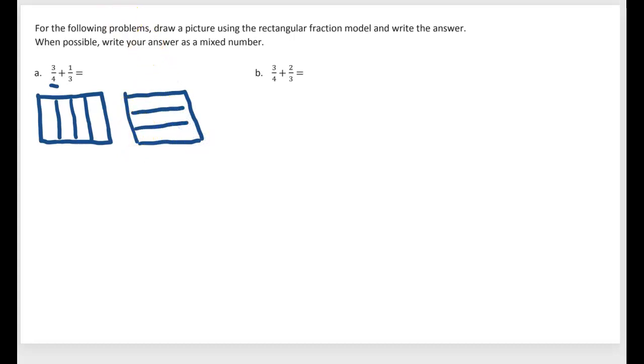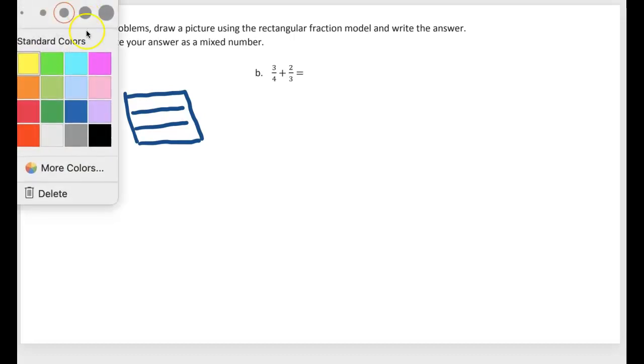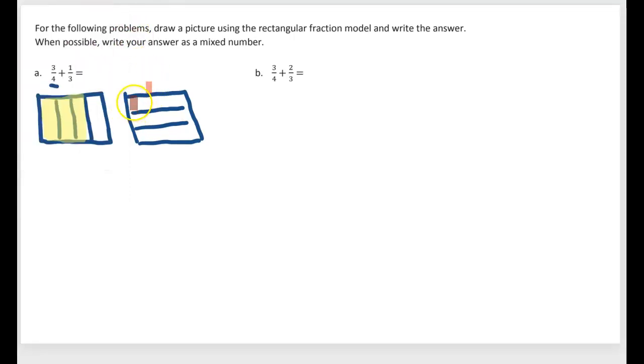Okay. Now I'm going to shade in 3/4. So here's 1, here's 2, here's 3 out of 4 that are shaded in yellow. Okay, and then for 1/3, I'm going to shade in 1/3. There we go.